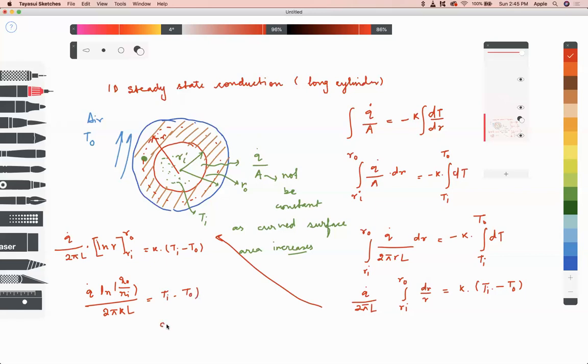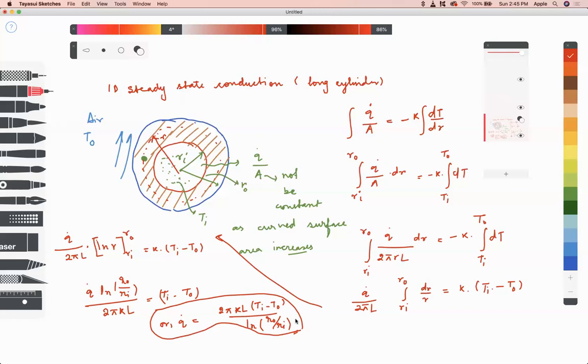Or Q dot is equal to 2 pi kL into Ti minus T naught divided by ln r naught by ri. So this is your expression for heat transfer in case of a long cylinder.